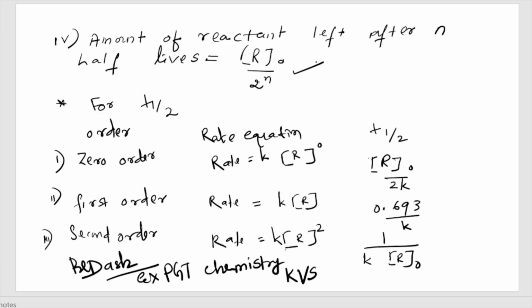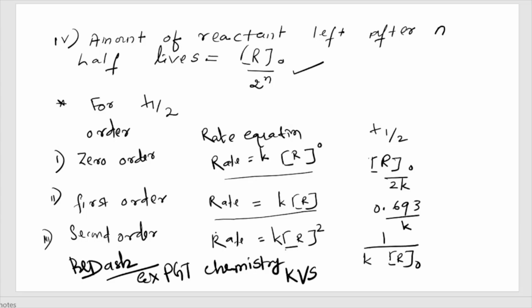This is also your summary conclusion. If it's zero order, then the rate is like this. If first order, the rate is like this. For zero order, the rate is K times R, the molar concentration, to the power 0. If first order, R to the power 1.